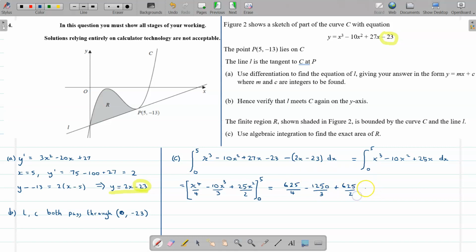And then I'll put a bracket around that to show that that's with the 5 in, and then I'm going to put 0 in a bracket to show that I've considered the other limit. And then that's going to evaluate to be 625 over 12, which is the exact answer that they're looking for. Okay, so that's that one. Next question.